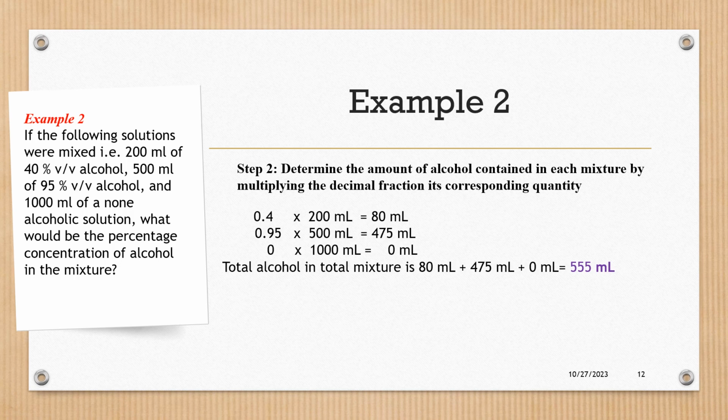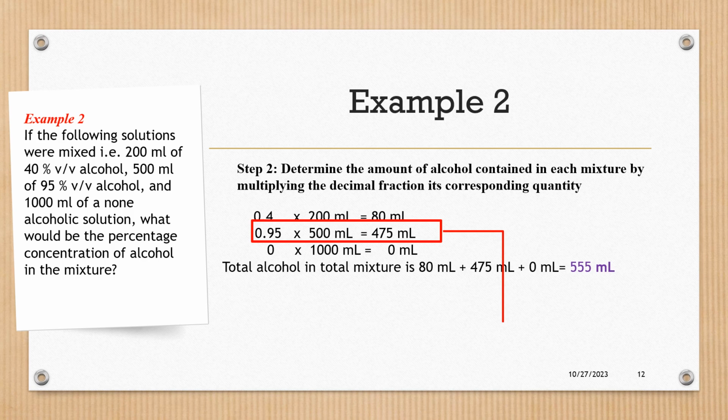So once you work that out, 80 mL of pure alcohol in the 200 mL preparation, and for the 500 mL preparation, the amount of alcohol is 475 mL. You take the sum of all of those and you get 555 mL of pure alcohol in the preparation.